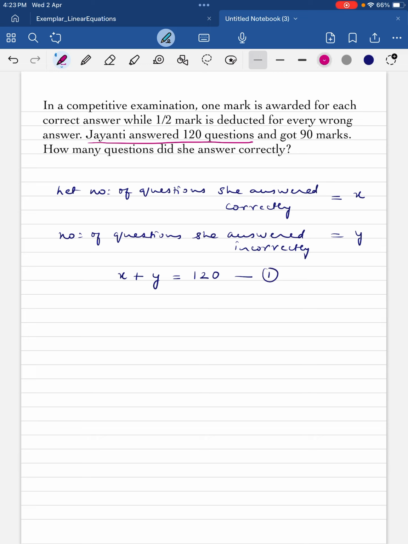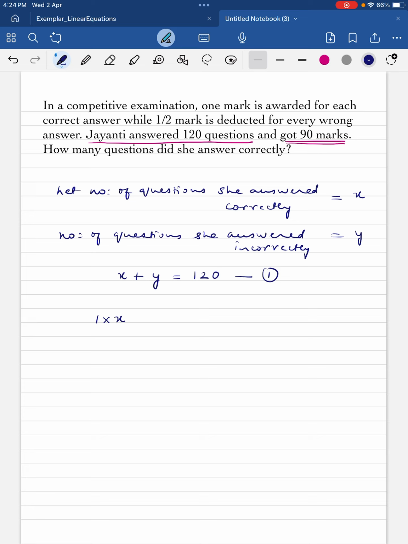Now, we also know that she got 90 marks by answering some questions correctly and some others incorrectly. For every correct answer, she would have got 1 mark, so that is 1 times x questions which she has answered correctly.